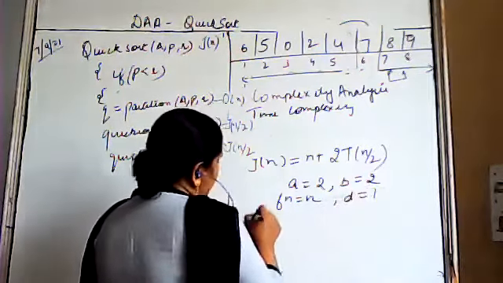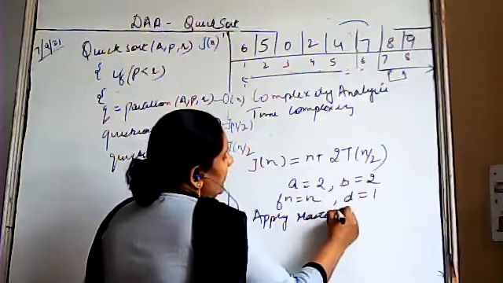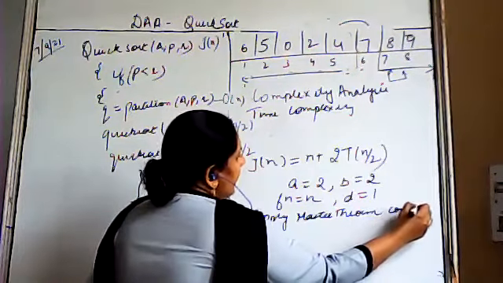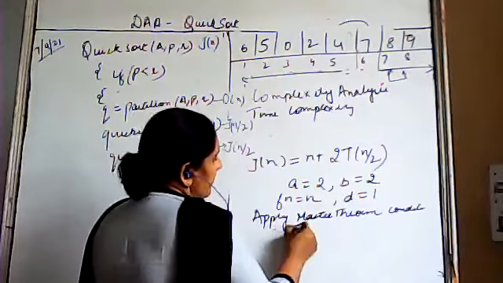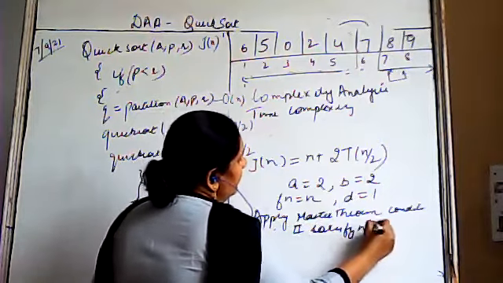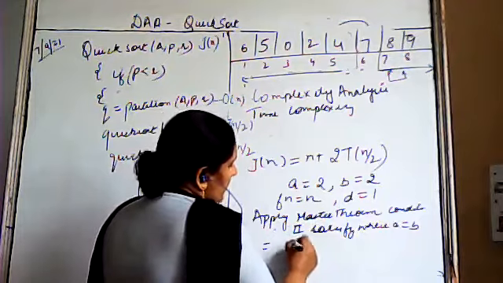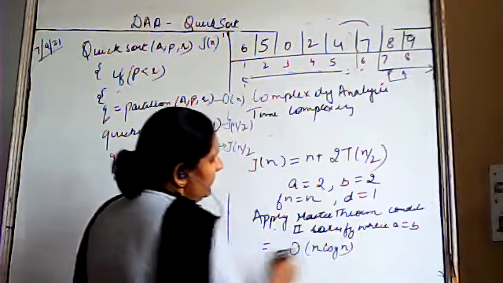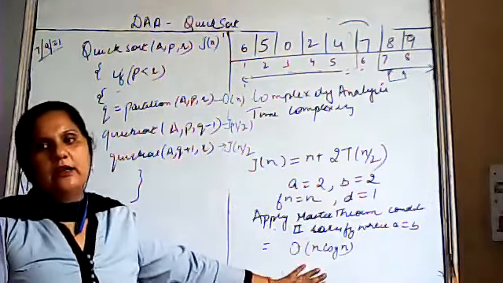Applying the master theorem, which we have done in the previous lecture, condition 2 is satisfied, where A is equal to B. So it is equal to n log n. So it implies big O of n log n.